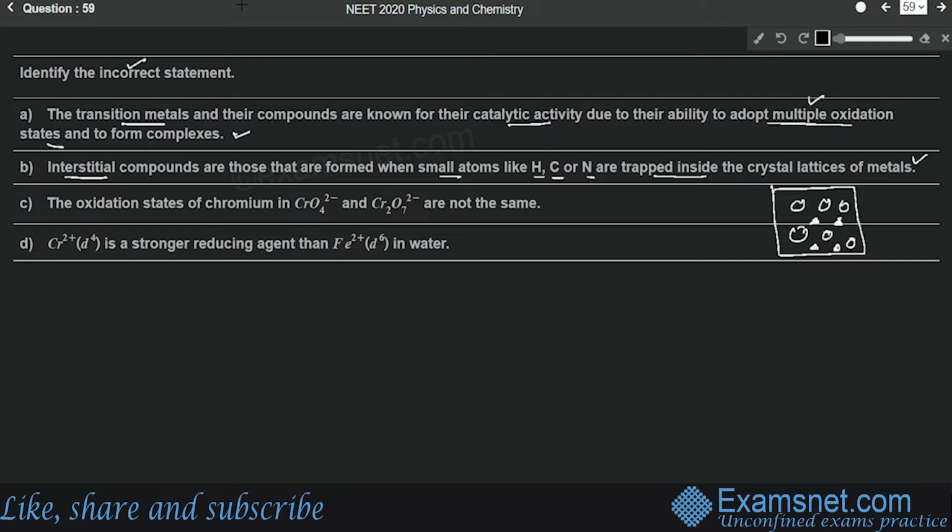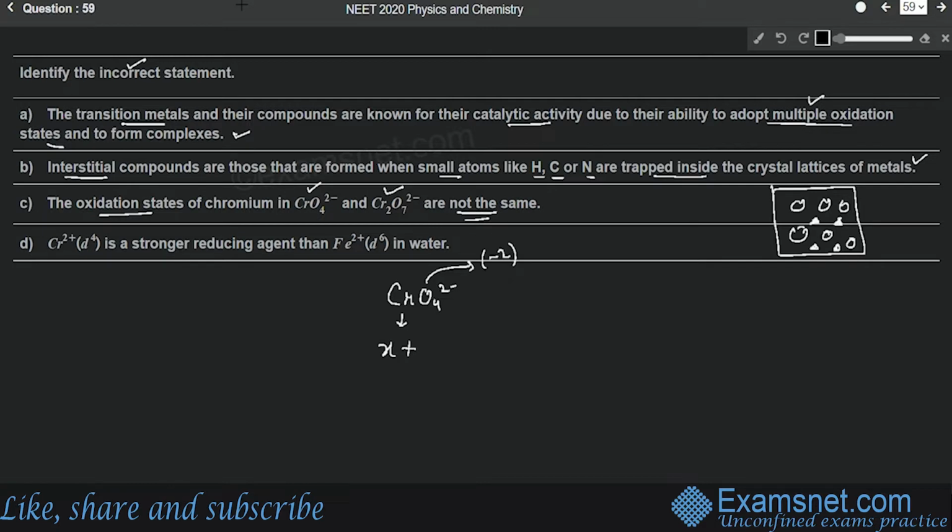Now what is the third statement? It says the oxidation states of chromium in CrO4 2- and Cr2O7 2- are not the same. So we'll have to compare the oxidation states of these two. First we have CrO4 2-. Suppose the oxidation state of chromium in this compound is x. So x plus, what is the oxidation number of oxygen? For oxygen it is -2.